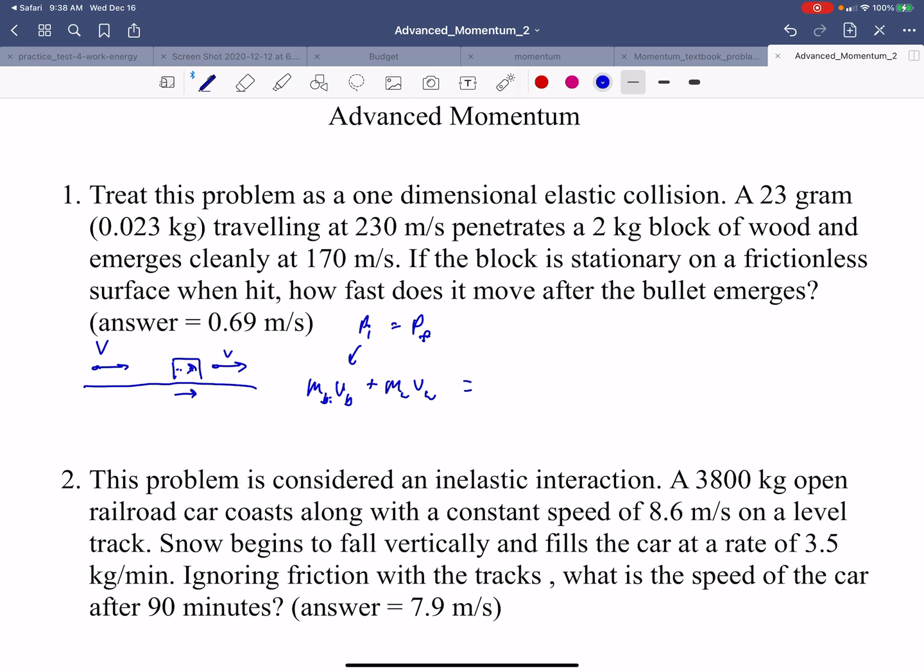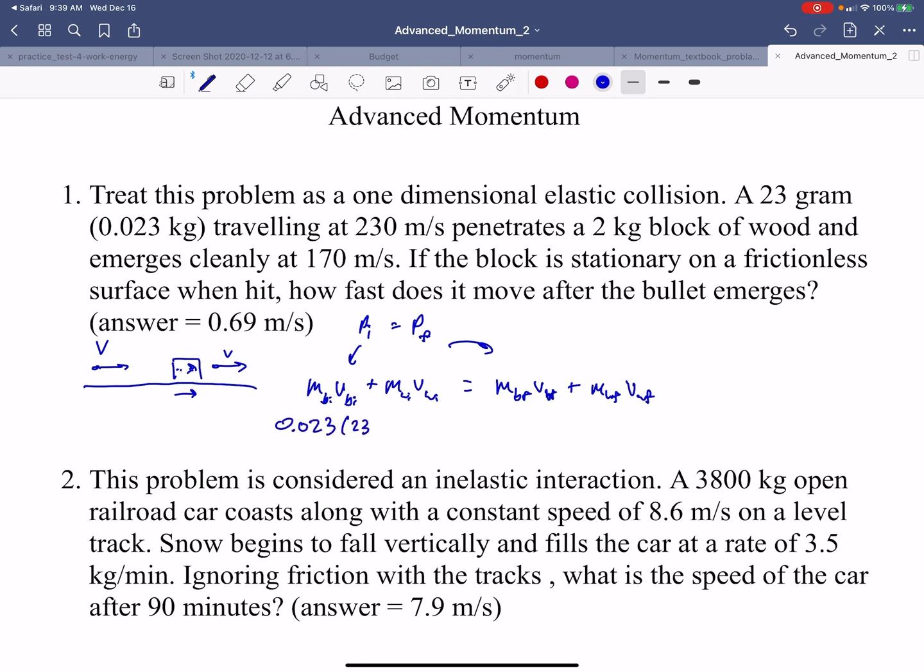And that has to be equal to the total momentum afterwards. This is what it might look like, with my subscripts being B for bullet, W for wood, and i for initial.